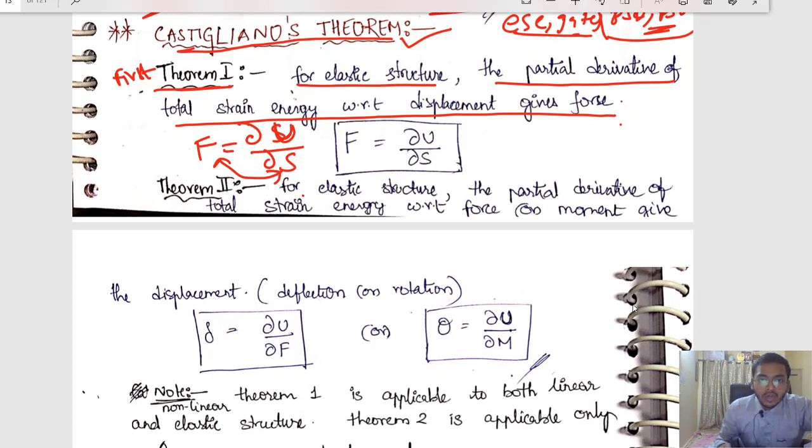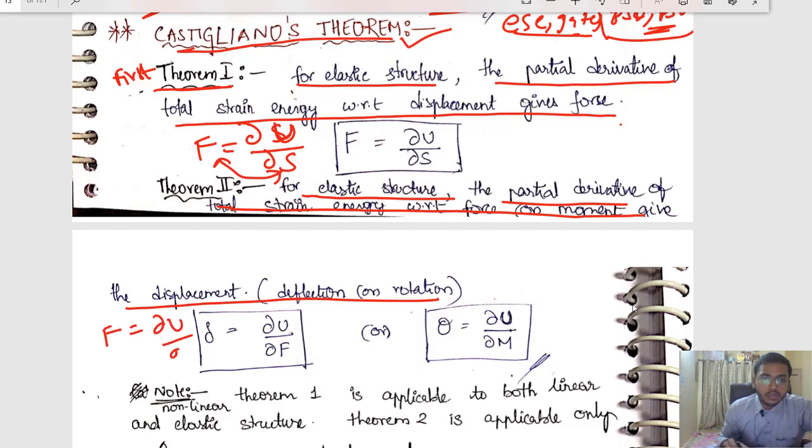For an elastic structure, the partial derivative of total strain energy with respect to force or moment gives the displacement, that is deflection or rotation. In the previous case, F was ∂U/∂S. Switch S and F, and what you get is that displacement S is nothing but ∂U/∂F.